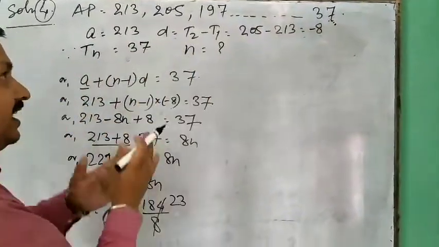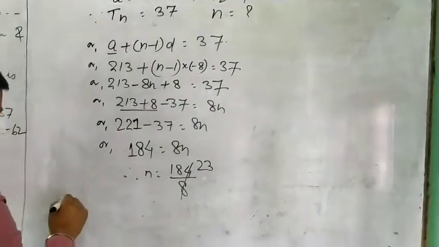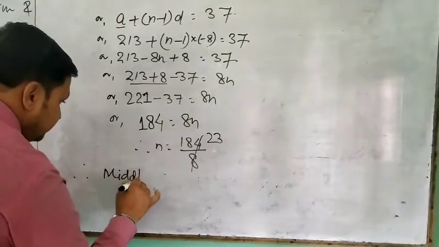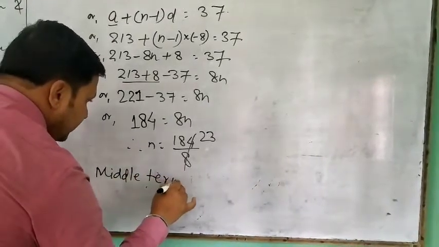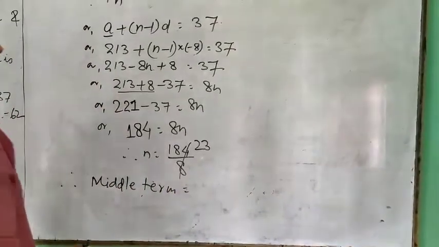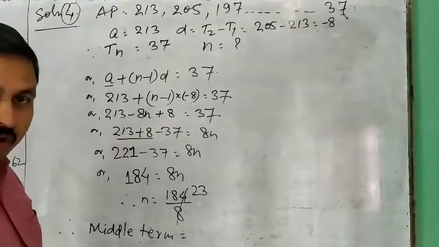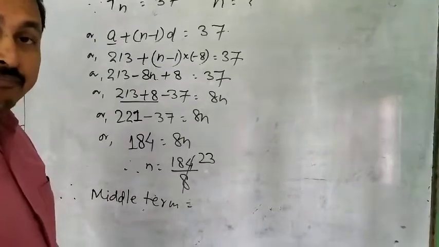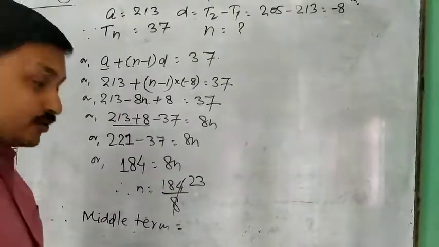So now the middle term. If the number of terms is an odd number, then we get the middle term by the formula (odd number plus 1) by 2.